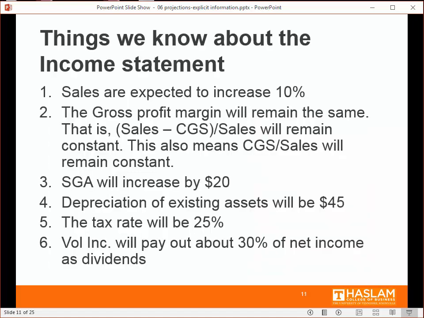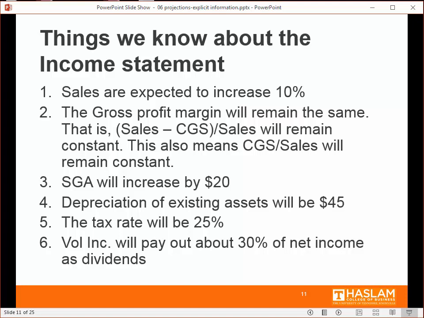So here are some things we know about our projections. We're expecting sales to increase by 10%, and we're anticipating that our gross margin is going to remain the same. That is, our sales minus cost of goods sold divided by sales will remain constant. Another way of saying that is that cost of goods sold as a percentage of sales will remain constant.